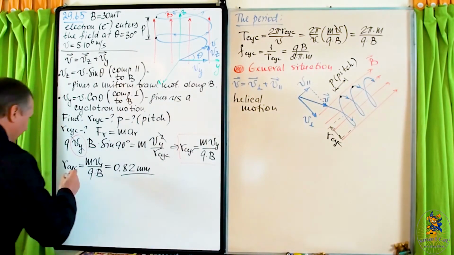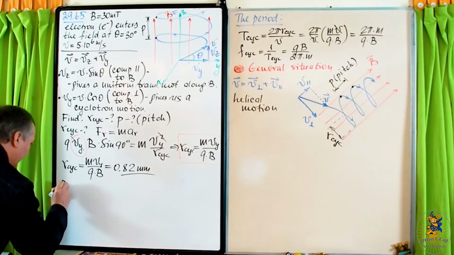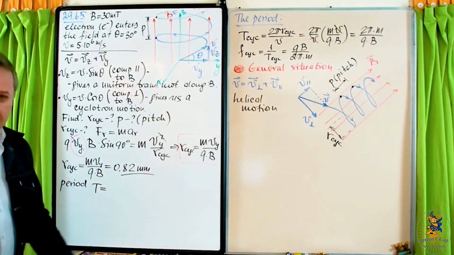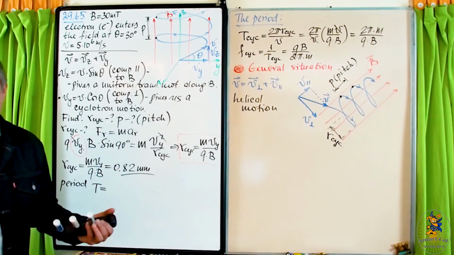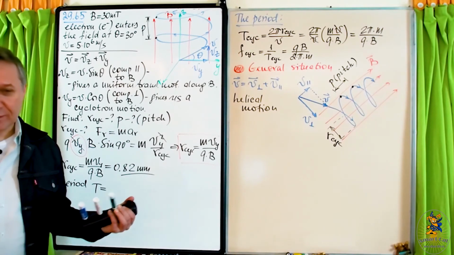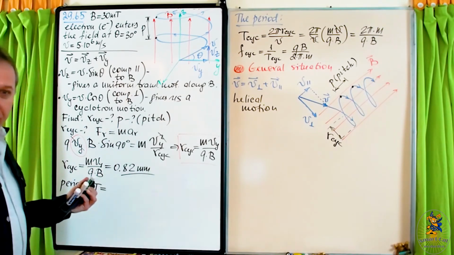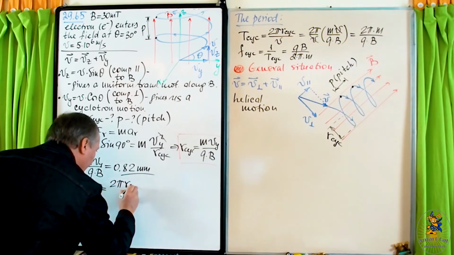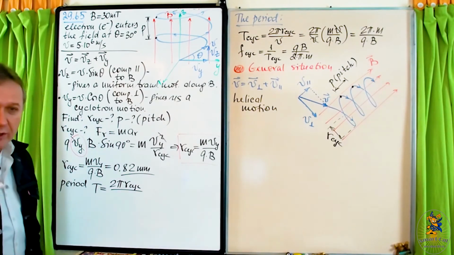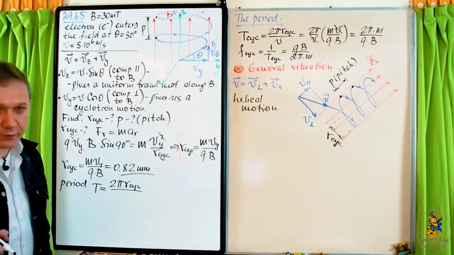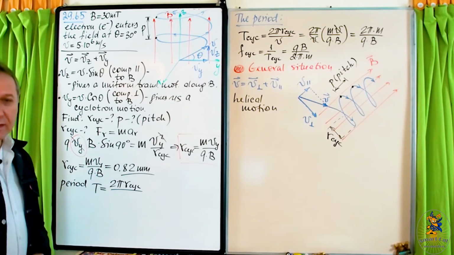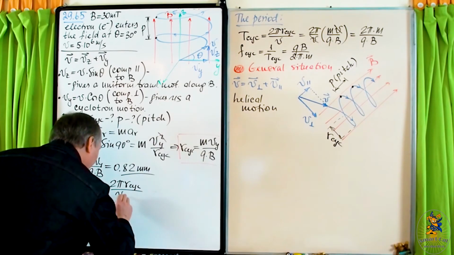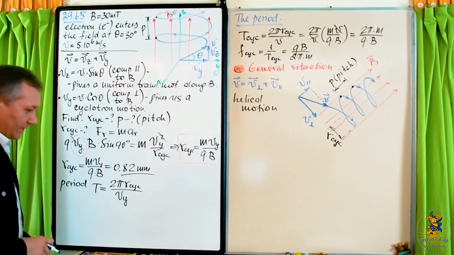So now let's find the period T. As we discussed, it's just the total distance traveled, which is the circumference for one period, divided by the speed. So it will be 2 pi r cyclotron divided by, and again, which speed do we have to use? The perpendicular component, v sub y.